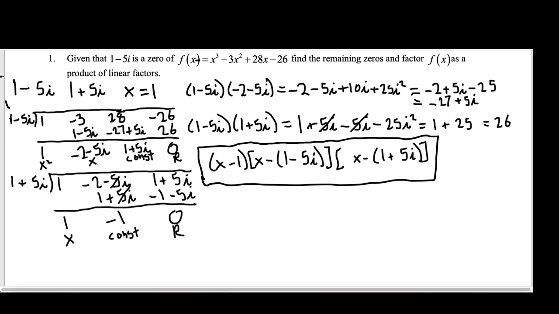So these are the 3 zeros right here, okay? 3 zeros and then 3 linear factors. Okay, so I was able to completely factor the polynomial, and the only information I was given was that 1 minus 5i is a 0. Okay?